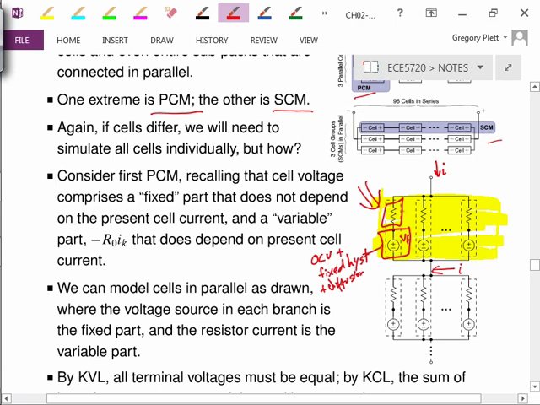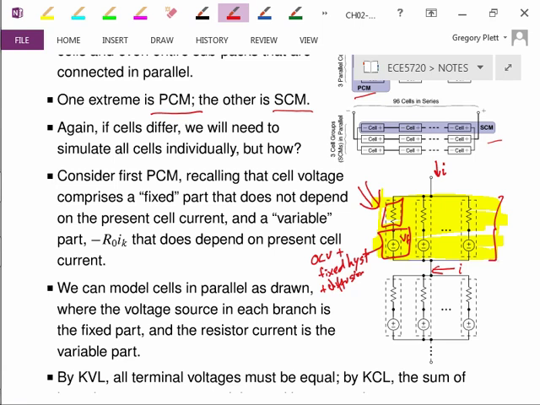And then we have this resistor. Now, in one PCM, we have a whole bunch of fixed voltage sources and a whole bunch of resistances, all wired as shown, with a voltage source and a resistance in series, and then parallel branches of all of these.